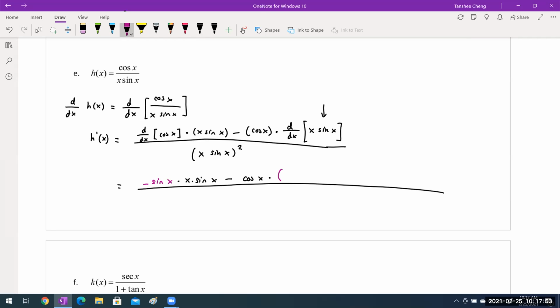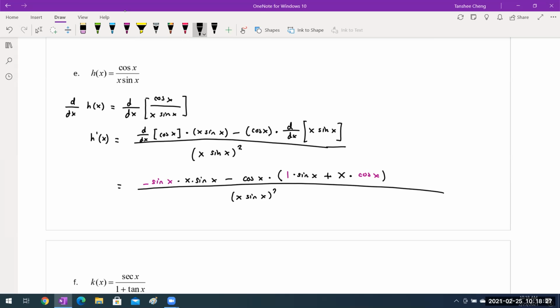The derivative of the first factor is 1, times sine x, plus, because the product rule is plus, the first factor times the derivative of the second factor, which is the derivative of sine x, that will be cosine x. So you need to be extra careful on this type of problem.